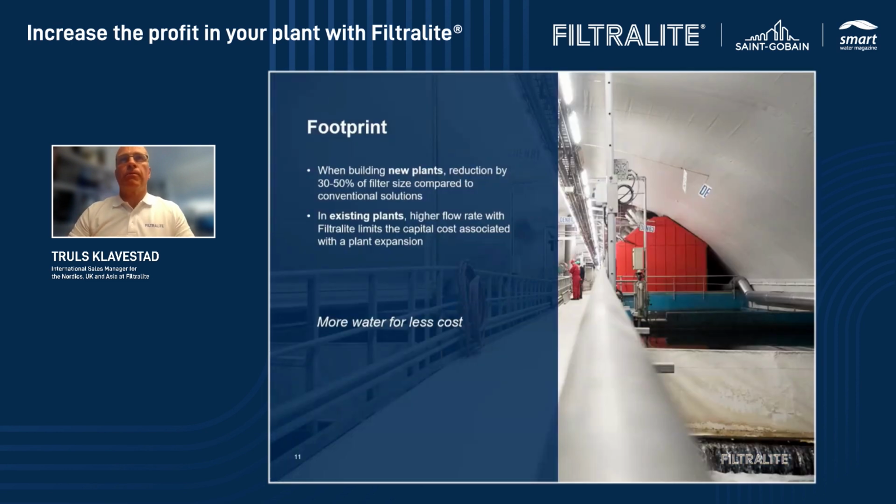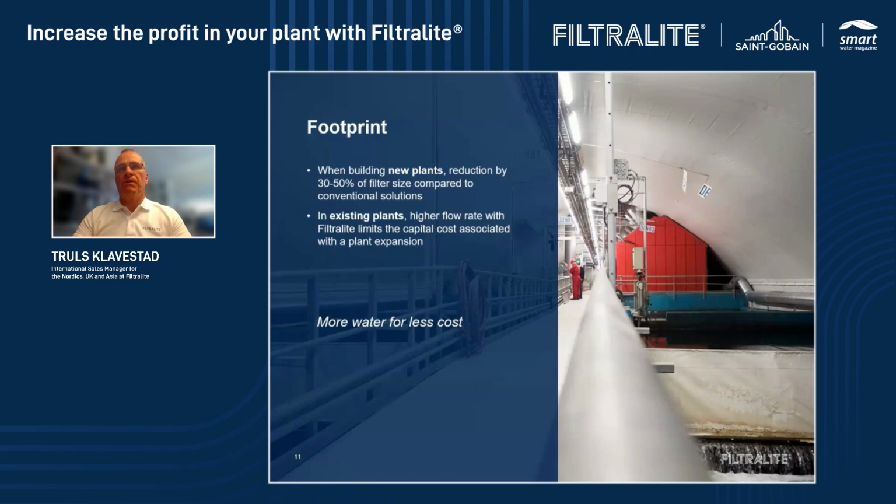And then the last one, which is footprint. This is especially important when you plan to, for example, build a new plant or increase the capacity of the existing plant.